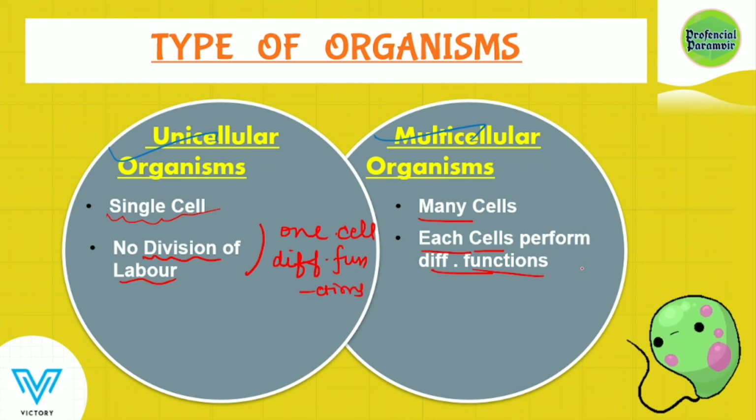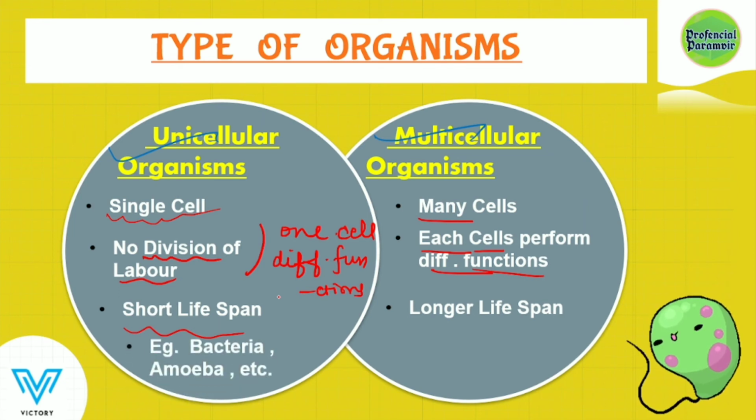In multicellular organisms, there are different cells for different functions. Unicellular organisms have a shorter lifespan, and multicellular organisms have a longer lifespan. Examples of unicellular organisms are bacteria, amoeba, etc. Examples of multicellular organisms are plants, animals, humans, etc.